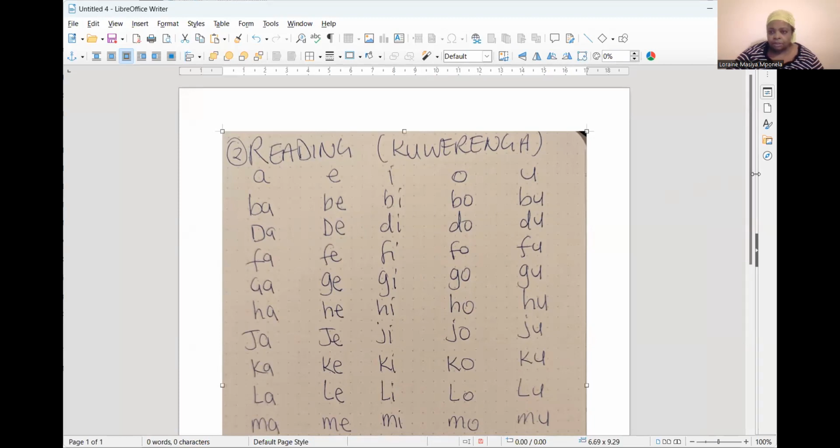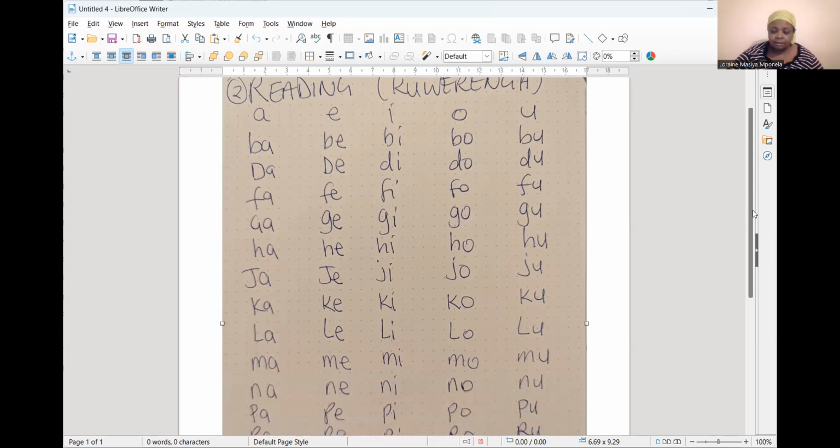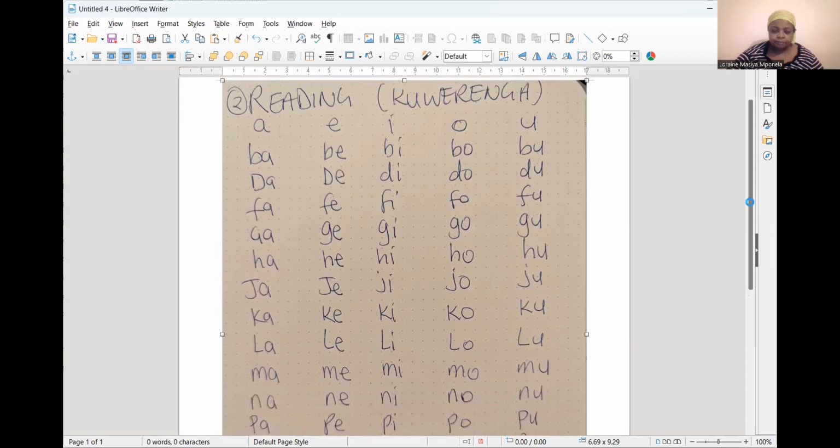Okay. So now we are continuing with the reading, but this is the second part of it, where now we are combining the alphabet. Now we are trying to combine with vowels and to read it.